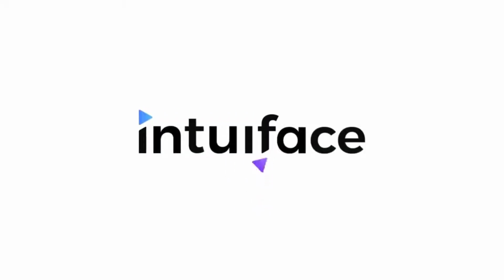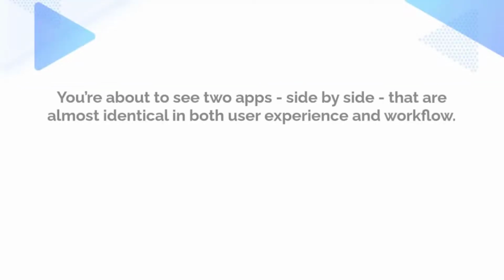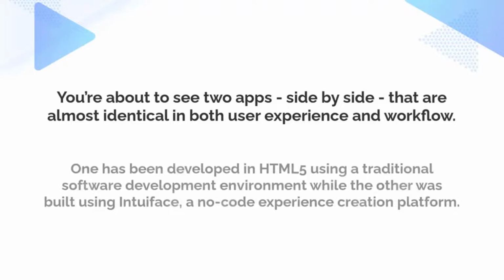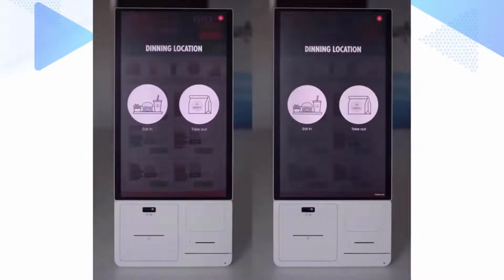And now the third video that some of you might have already seen on the web, on our website, is a comparison between a manually coded application running on the Samsung Kiosk powered by Tizen and the same application that we have rebuilt.